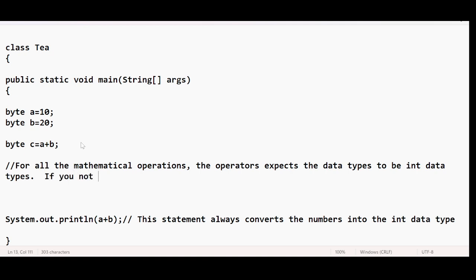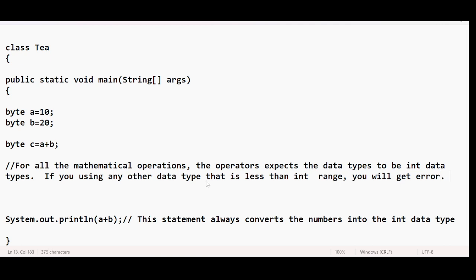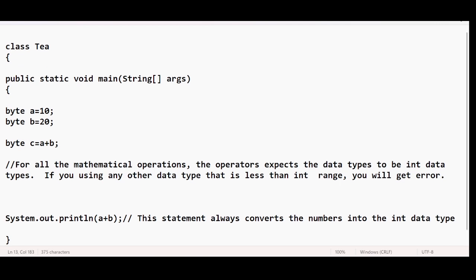If you are using any other data type that is less than the integer range, you will get this error.